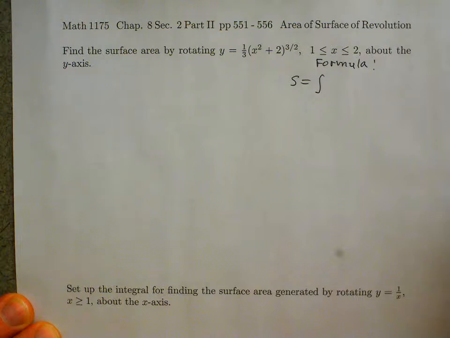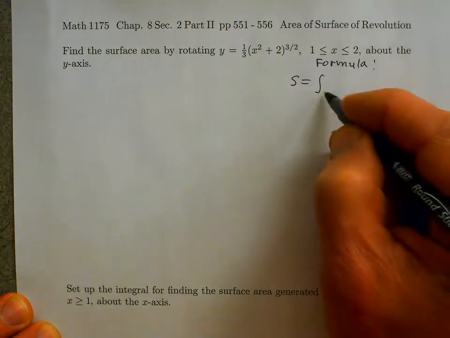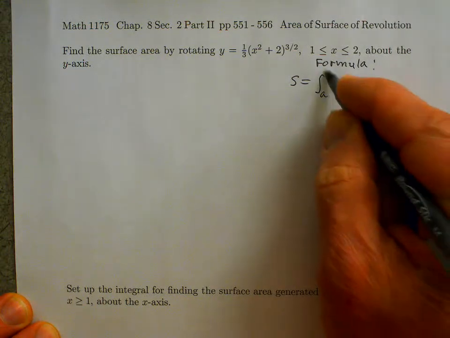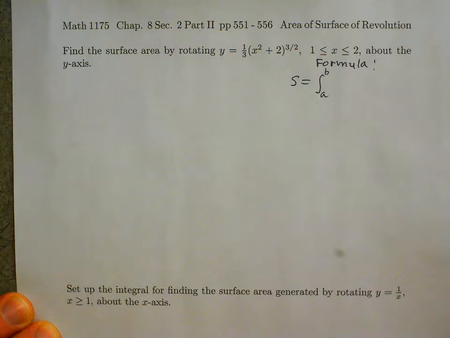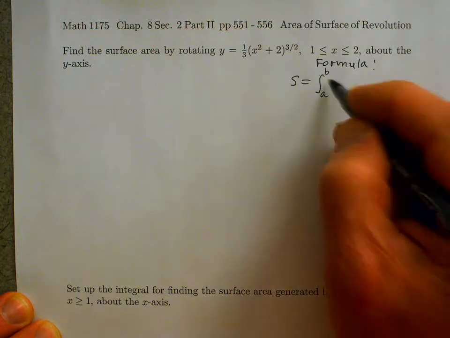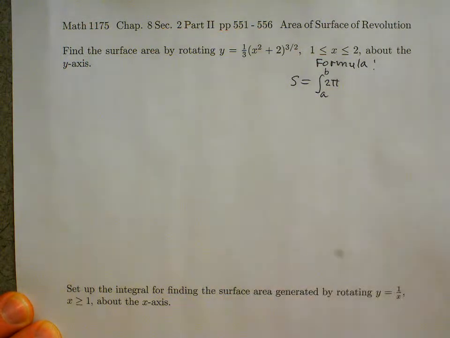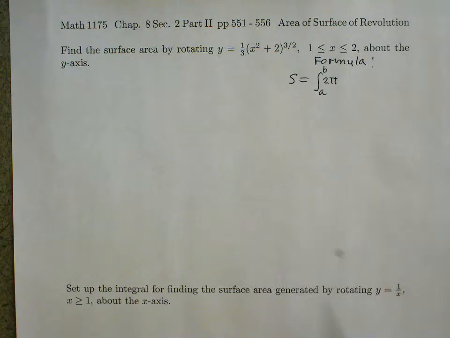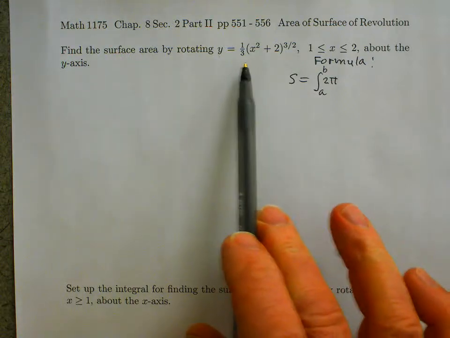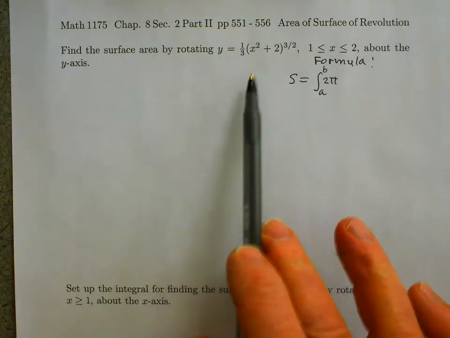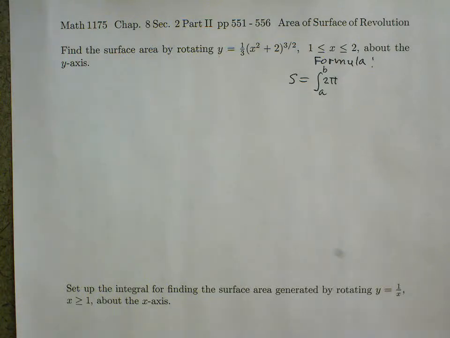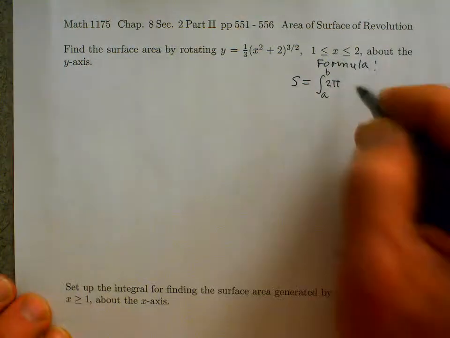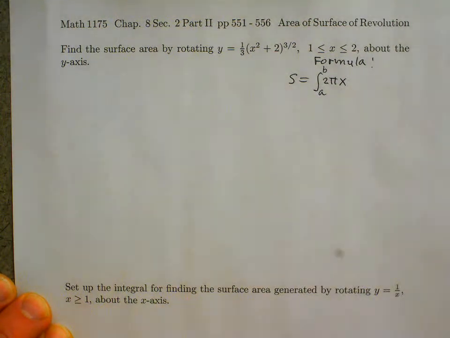So it's going to be the definite integral from a to b, where a and b are the x values on the endpoints of the x interval. And then 2 pi, then what? We're rotating a function of x about the y-axis, so it's going to be x. 2 pi x, not f of x.